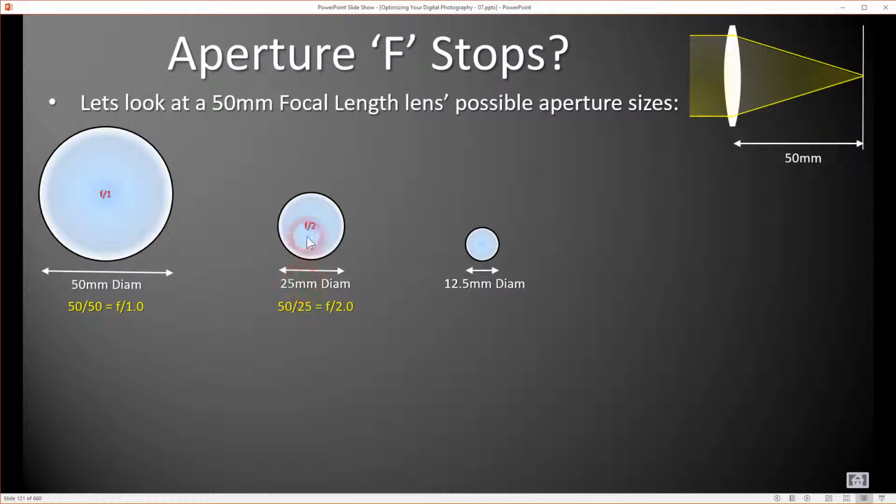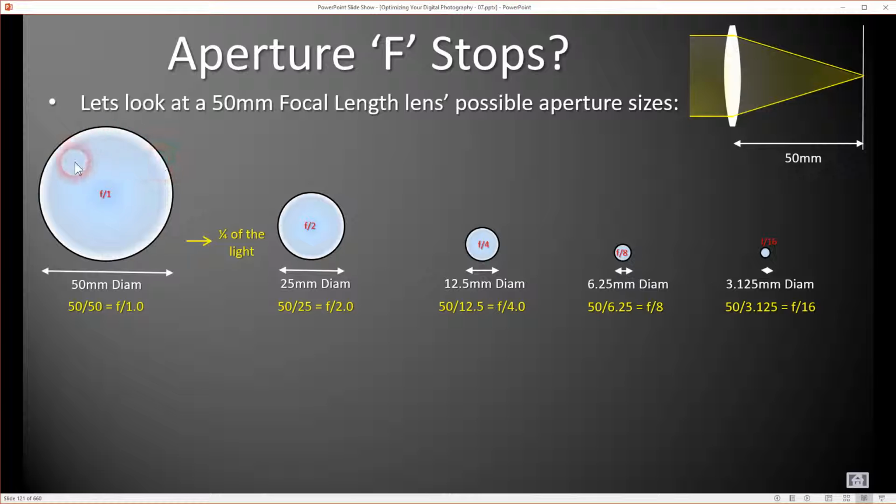We're now going to reduce the diameter by half, which comes to 12.5 millimeters. 50 divided by 12.5 is f4. And we continue on like this, f8, f16. So each time we've reduced the diameter by half.